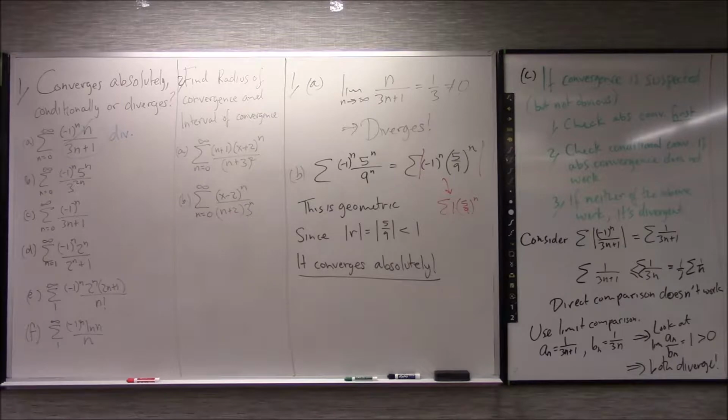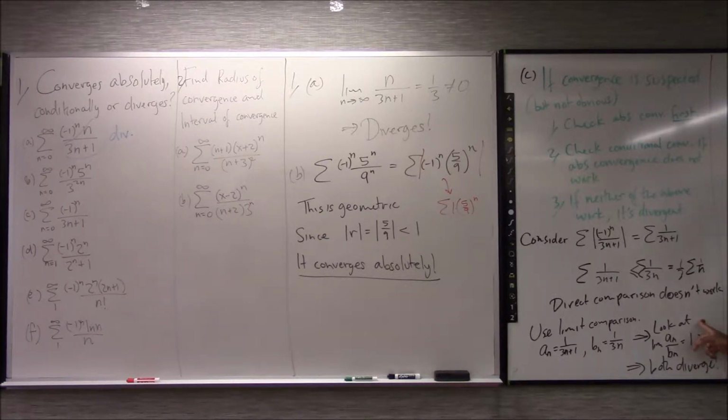Before we even check conditional, we have to be certain that absolute does not work. We have to be able to make a conclusion here. But the direct comparison doesn't work because the inequality sign is not pointing the right way. So whenever direct comparison would be nice but doesn't work because of the way the inequality is pointing, you want to use the limit comparison, and you can usually make a conclusion based on that.